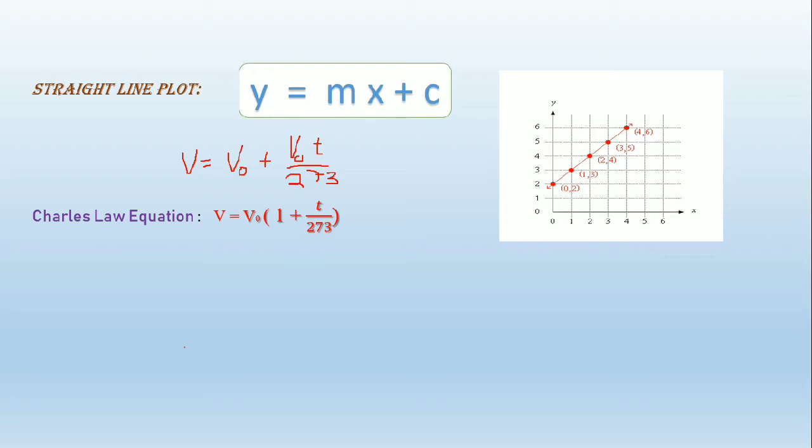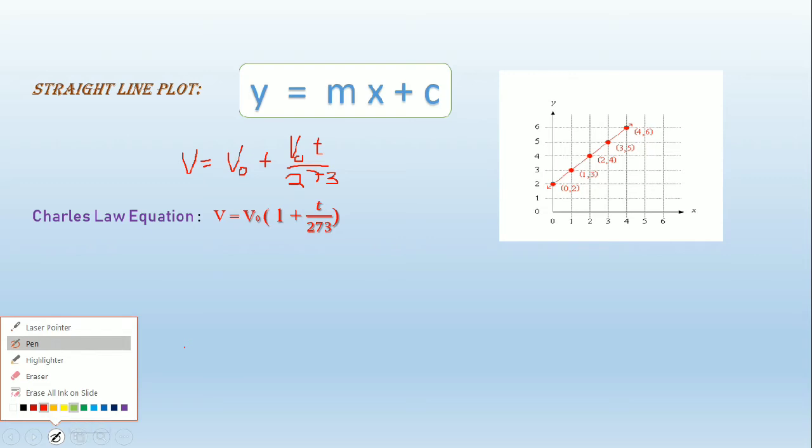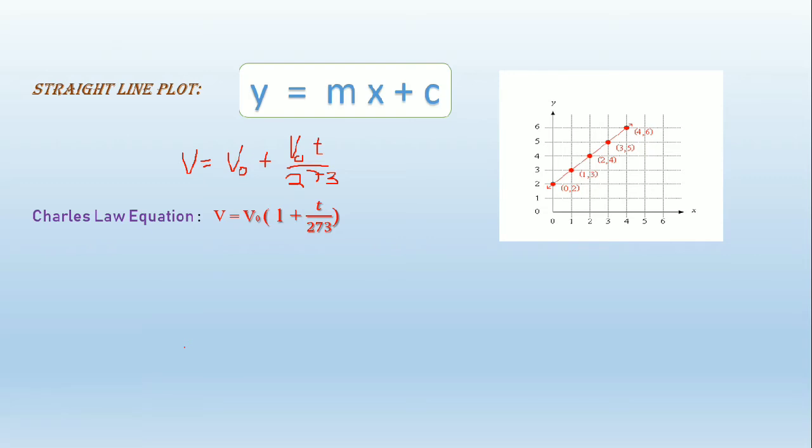So you see, now what we can find out is this V0 is a constant. Volume at 0 degree, it's constant, it's fixed.